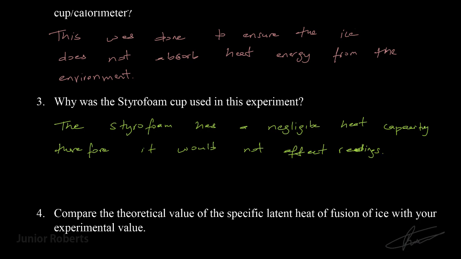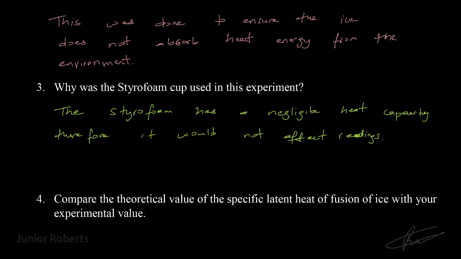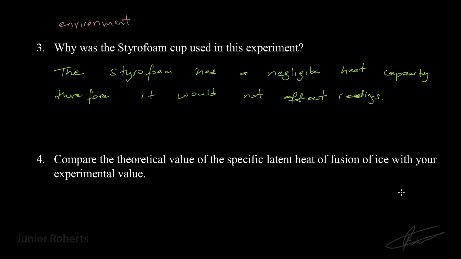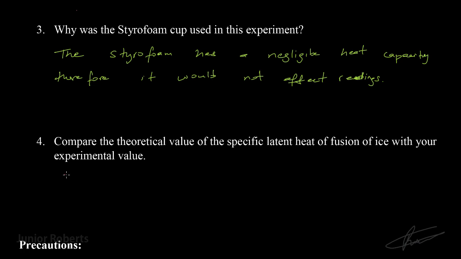Next, we're to compare the theoretical value for the specific latent heat of fusion of ice with our experimental value. The theoretical value for the specific latent heat of fusion of ice is actually 334,000 joule per kilogram per Kelvin.